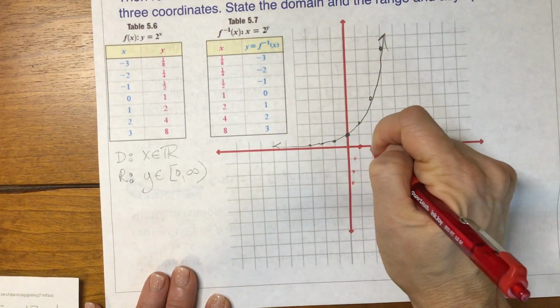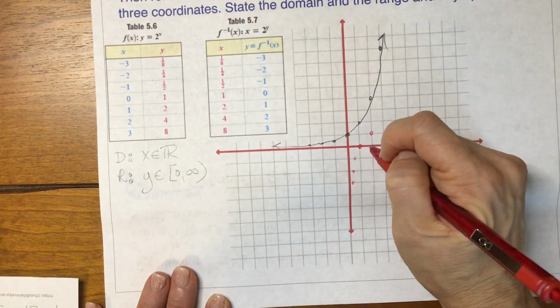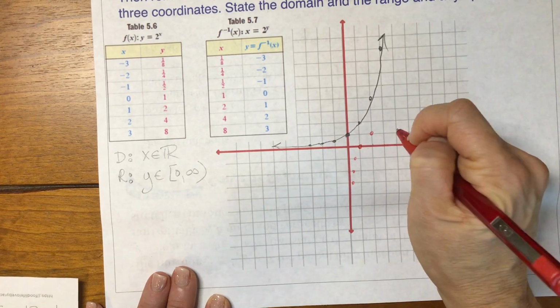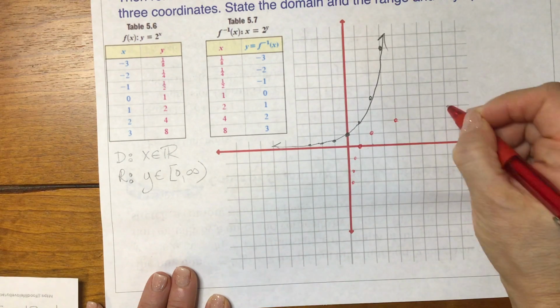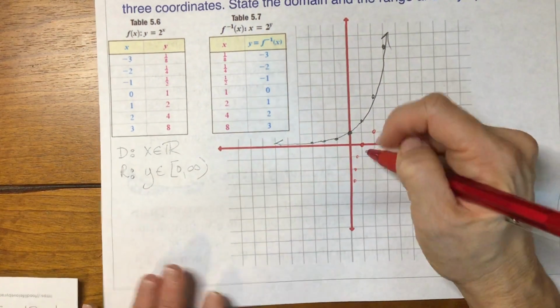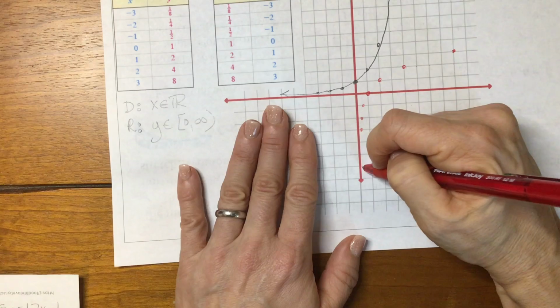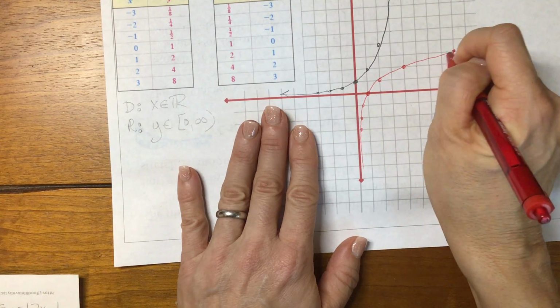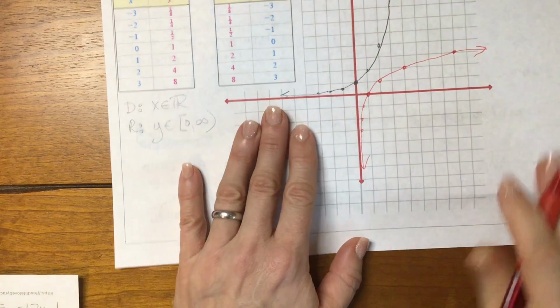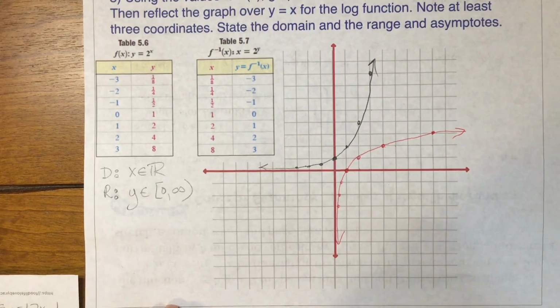Then I'm going to come over 2, up 1, and then over 4, up 2, and then over 8, up 3. So here is our logarithmic function.